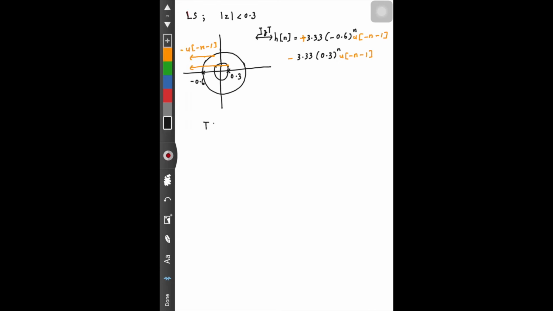Then, for two-sided, it is in between 0.3 and 0.6.